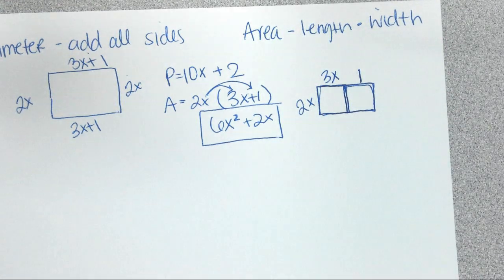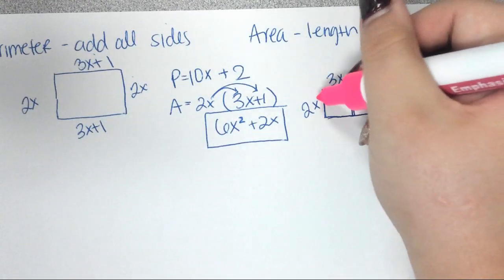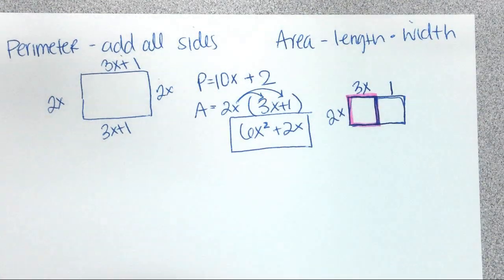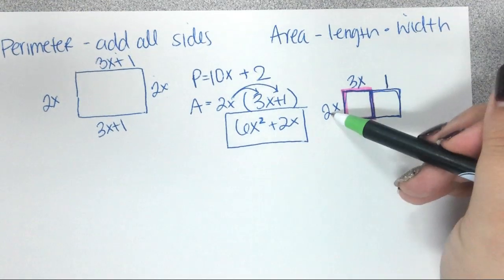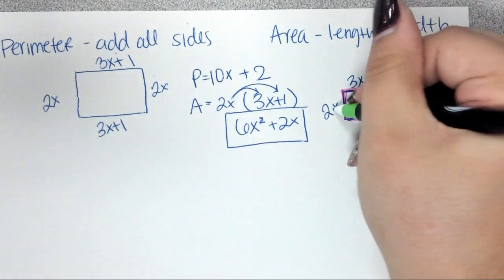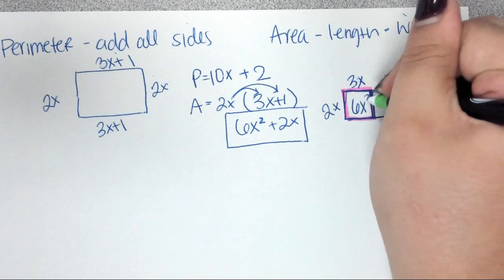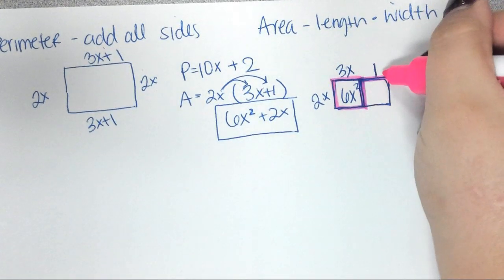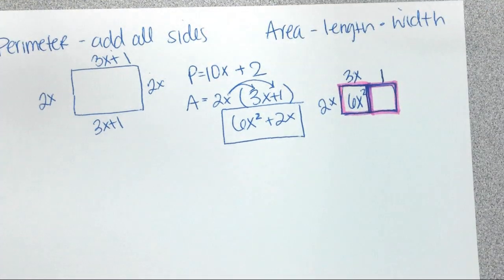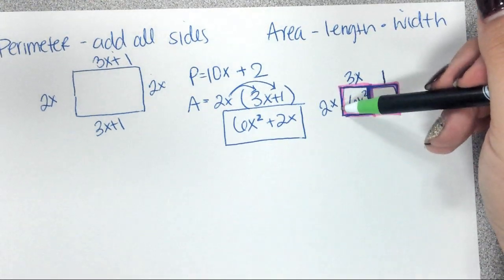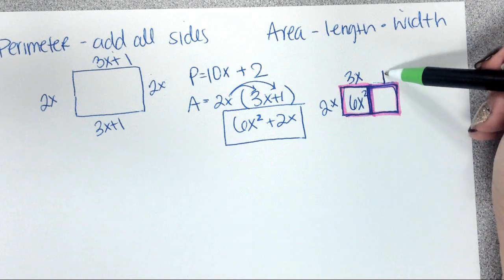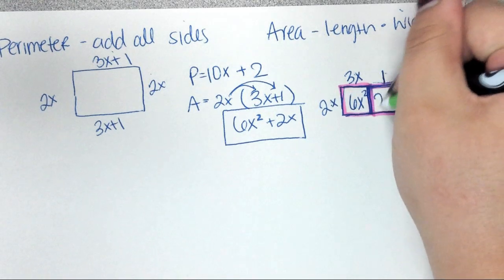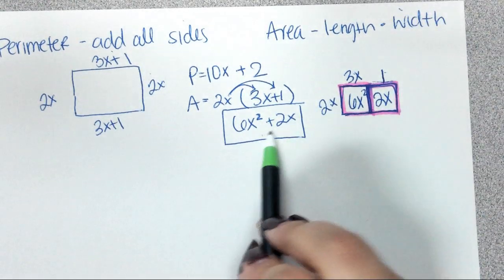So if I was finding the area of this individual box, I would do length times width, which would be 2x times 3x, which is 6x squared. And then if I wanted to find of this box, well, the length is still 2x, but the width this time is 1. And 2x times 1 is 2x.